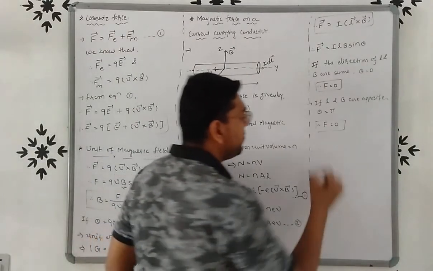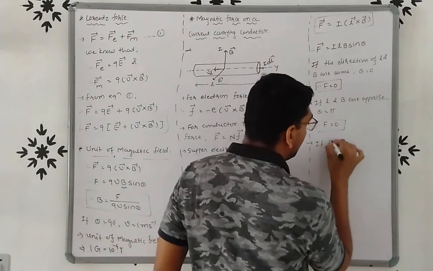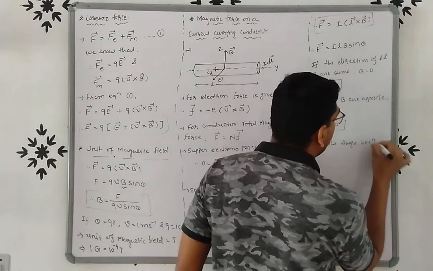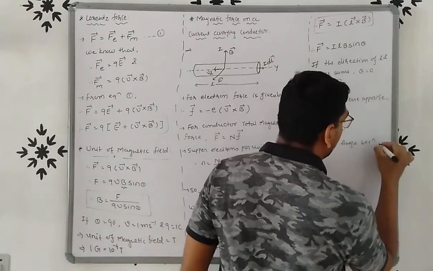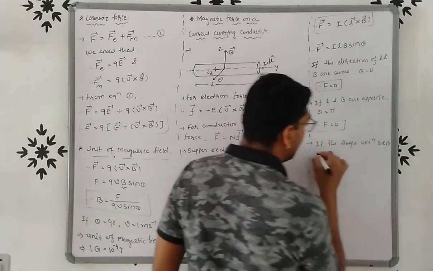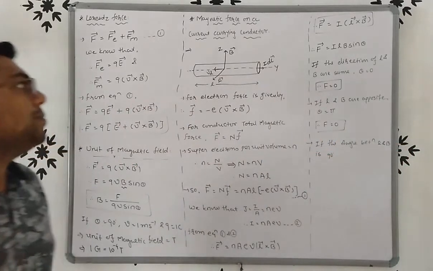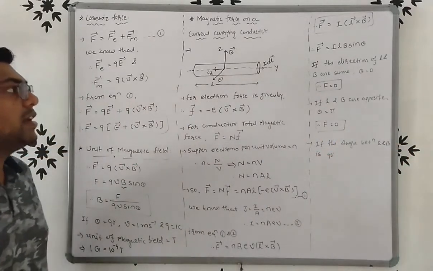Then if the angle between L and B is 90, or we can say if L and B are perpendicular, right?